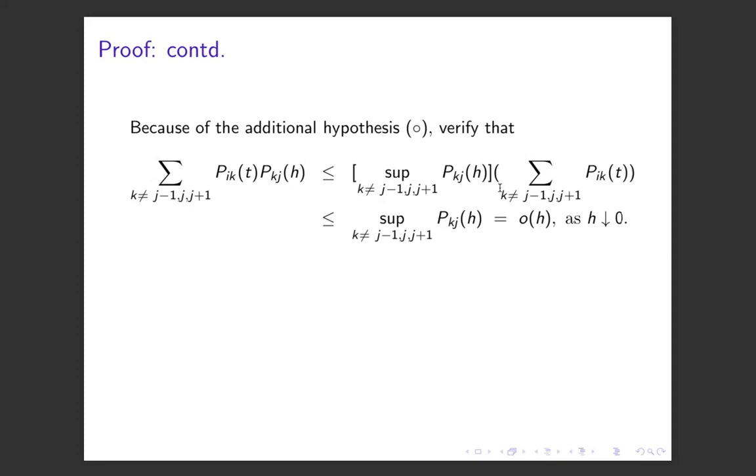This is less than the sum of this object with k running over all these values. But that is a transition probability function, so that sum would be 1. Therefore, this object is dominated by 1. So this whole thing is now dominated by just this object, and by our additional hypothesis, this precisely is small order h.